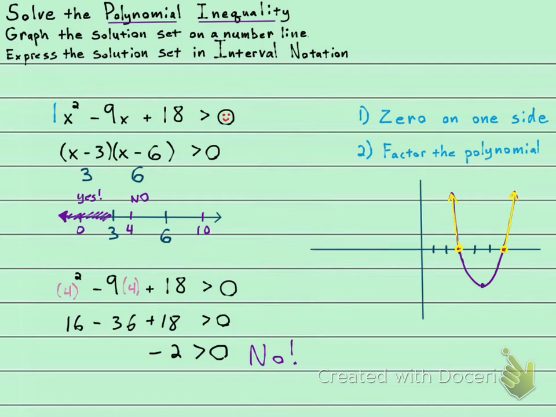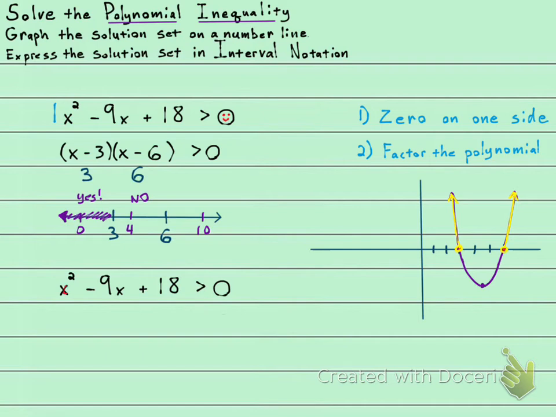All right, let's test our last value of 10. So instead of x here, I'm going to plug in a 10. And instead of x here, I'm going to plug in a 10. All right, 10 squared is 100 minus 90 plus 18.